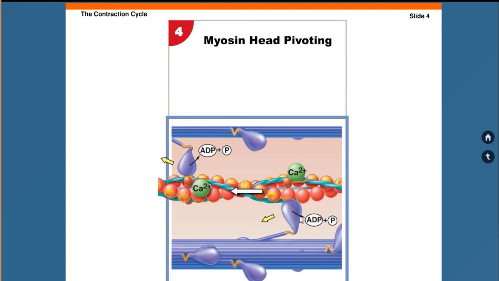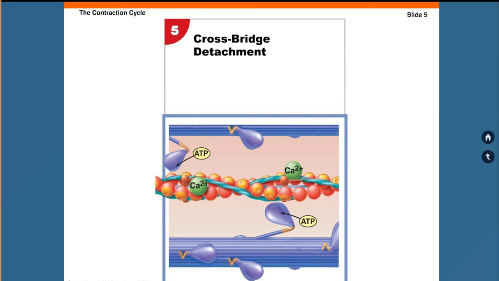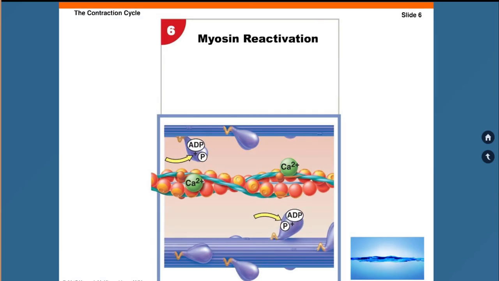A new molecule of ATP attaches to the myosin head, causing the cross bridge to detach. The myosin head hydrolyzes ATP to ADP and phosphate, which returns the myosin to the cocked position.